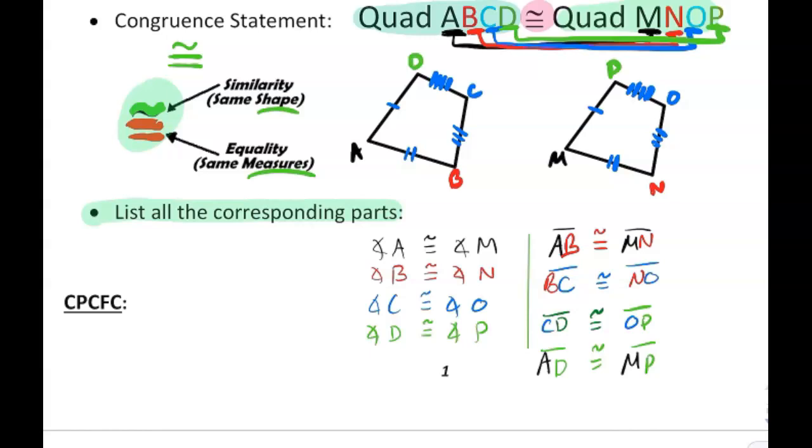The key word there is corresponding, which means, we know that from angles, it's in the same position, right? So angle A corresponds with angle M, right? Angle B would correspond with angle N. Correspond is the same position on the other shape. This corresponds with this.